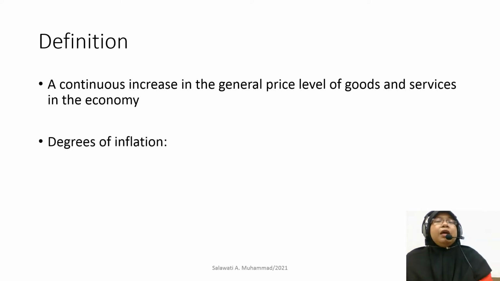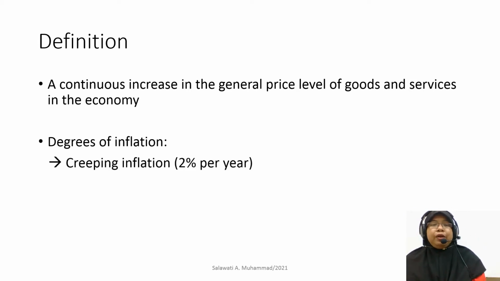Okay, so we have 3 degrees of inflation. The lowest one, we call it creeping inflation. It happens when there is a sustained rise in price of about 2% per year.